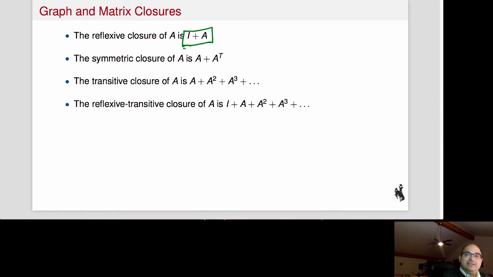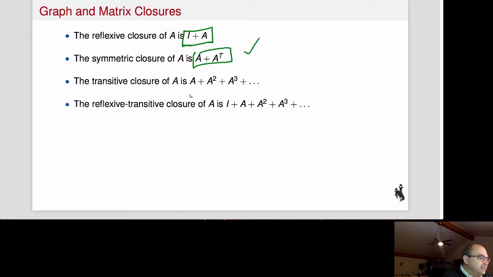What about the symmetric closure? I take A, I take the transpose of A, right? And then I union those, right? So what exactly is the transpose of A? That has a 1 from A to B if I can actually go from B to A in A, right? So yeah, that flips it. Take the union, which means add for matrices, is exactly the same as what we did with relations, okay?